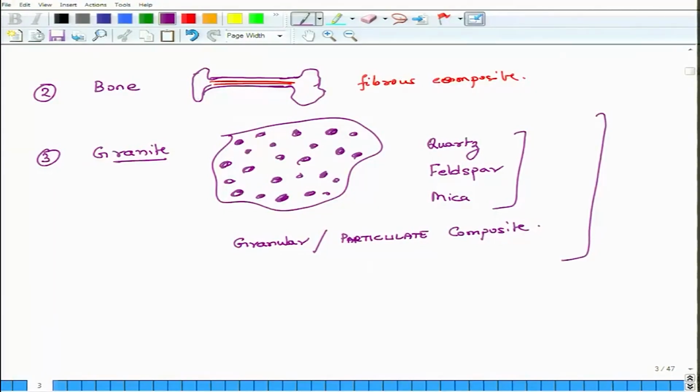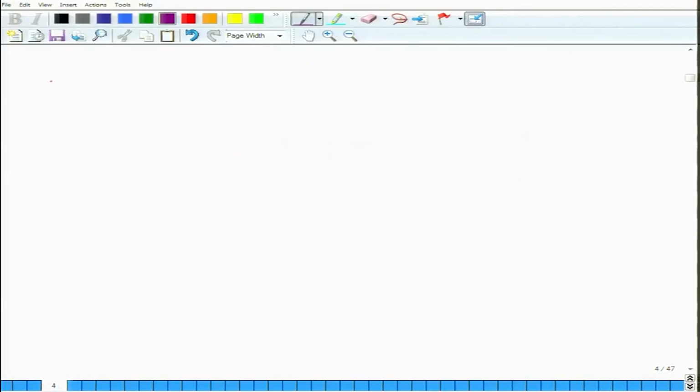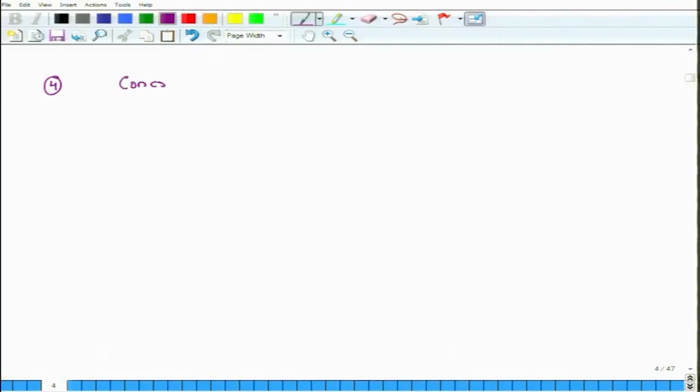And finally, I will give some examples of man-made composites. So, what are the examples of man-made composites? One of the most widely used examples of a composite material would be concrete. What is concrete?